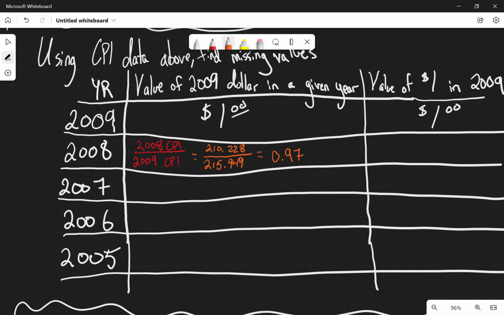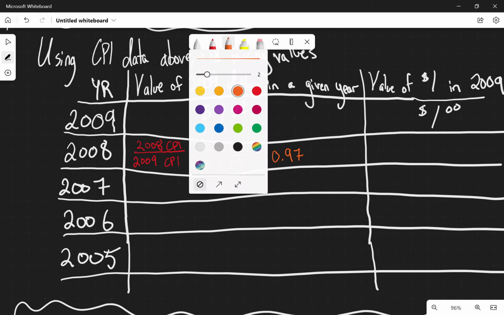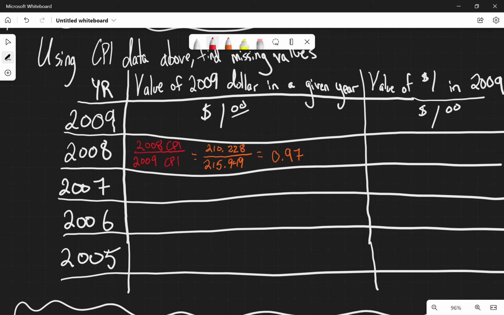Now let's try to go ahead and continue this. So this is going to be 2007 CPI divided by the 2008 CPI.